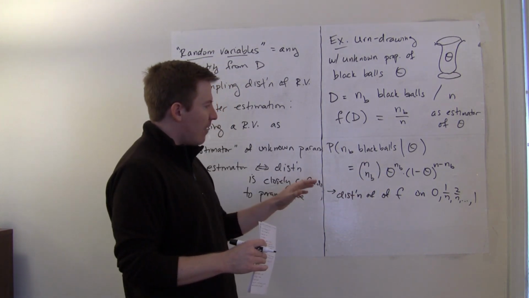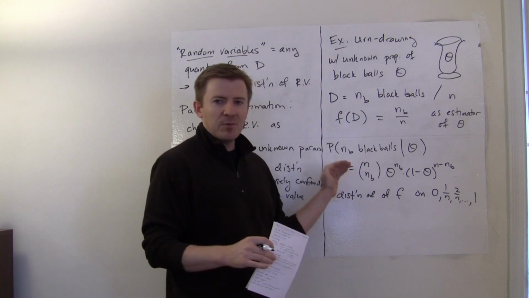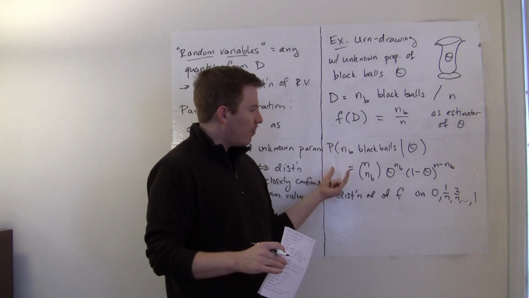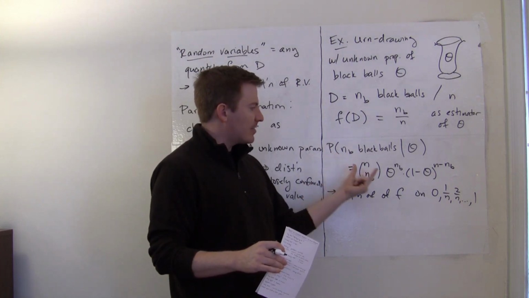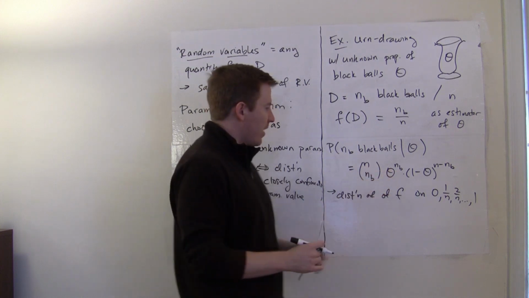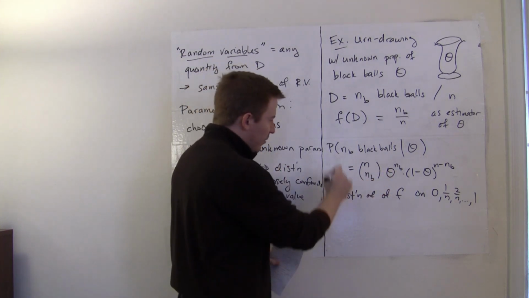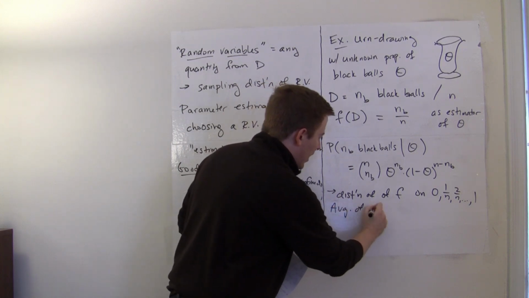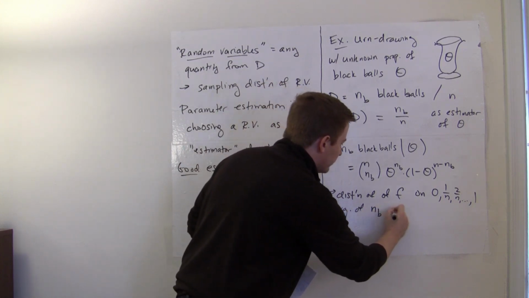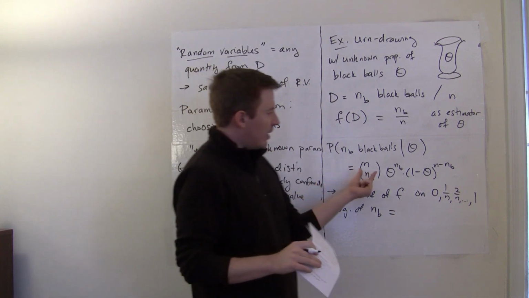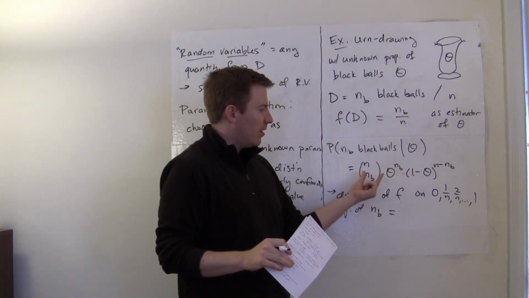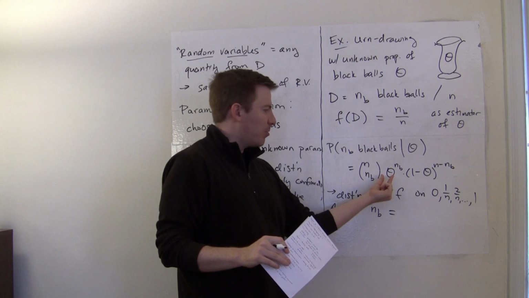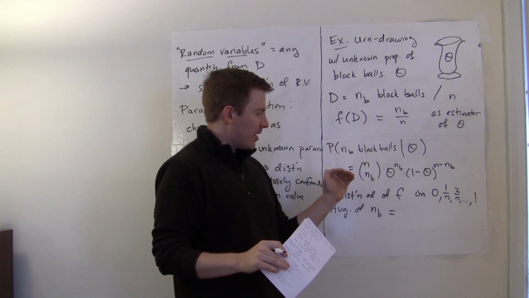Now, one of the things that we haven't talked about yet, and we skipped over in the book, but another thing that makes this a nice estimator for theta is that if we think about the average of this random quantity nb, again, it has a probability distribution that has theta in it as an unknown parameter, but we're thinking about that as fixed.